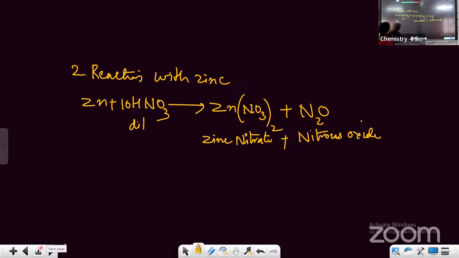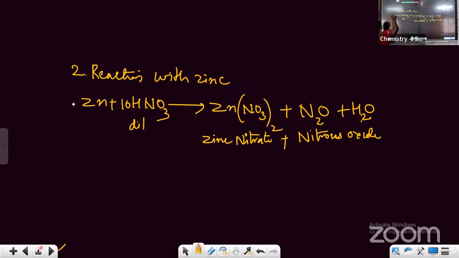So you have 10 nitrogens. 10 nitrogens हैं, बैलेंस करने की कोशिश करो स्टूडेंट्स. Less water is given out.